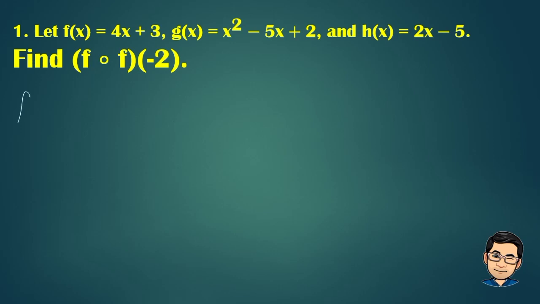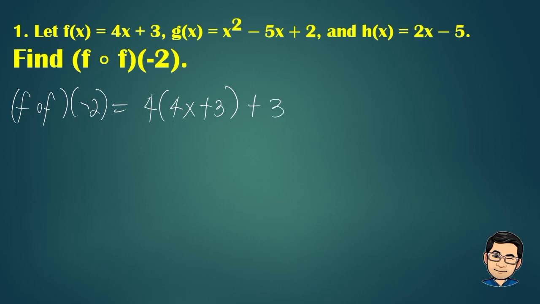So, f of negative 2 is equal to 4 times yung f of x, 4x plus 3, plus 3. And then, isa-substitute natin yung negative 2. 4 times negative 2 plus 3 plus 3. Okay. Next, 4 times the quantity.